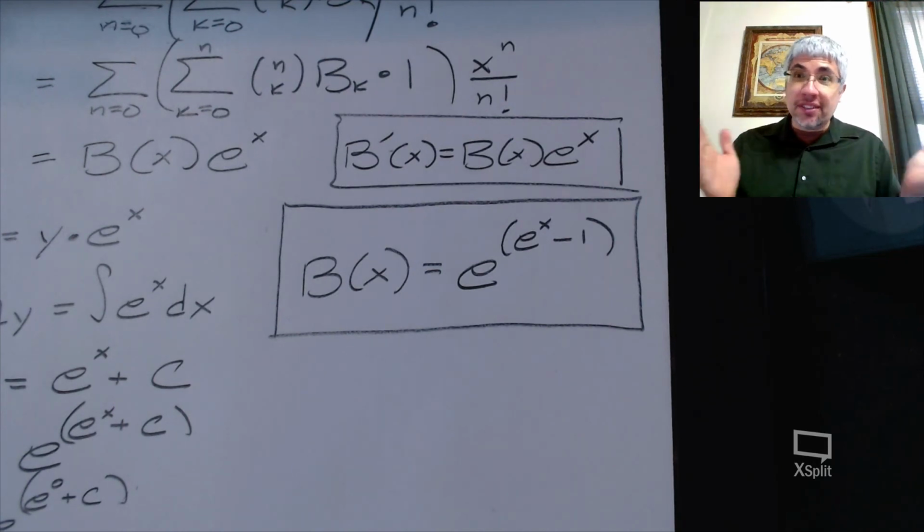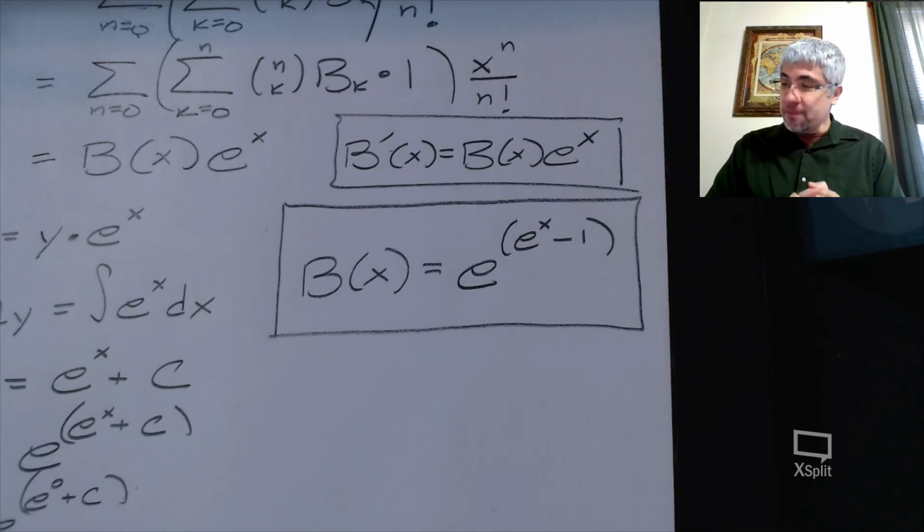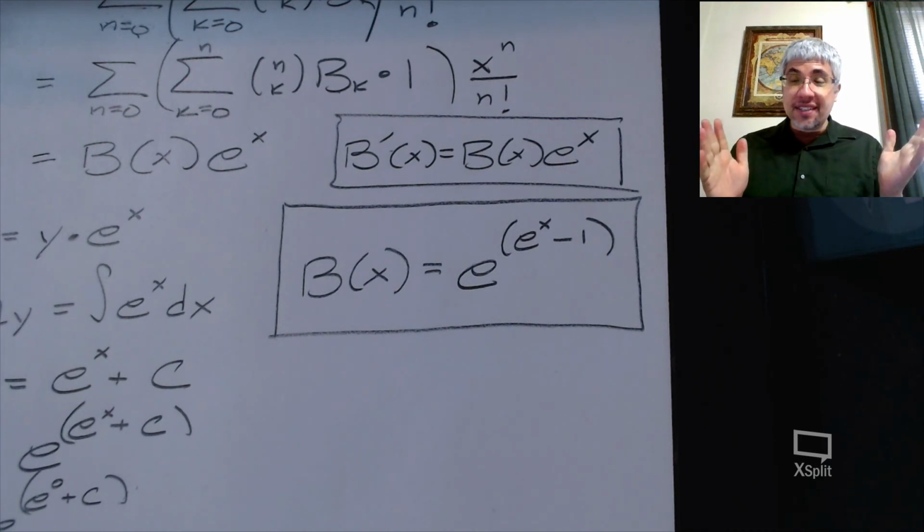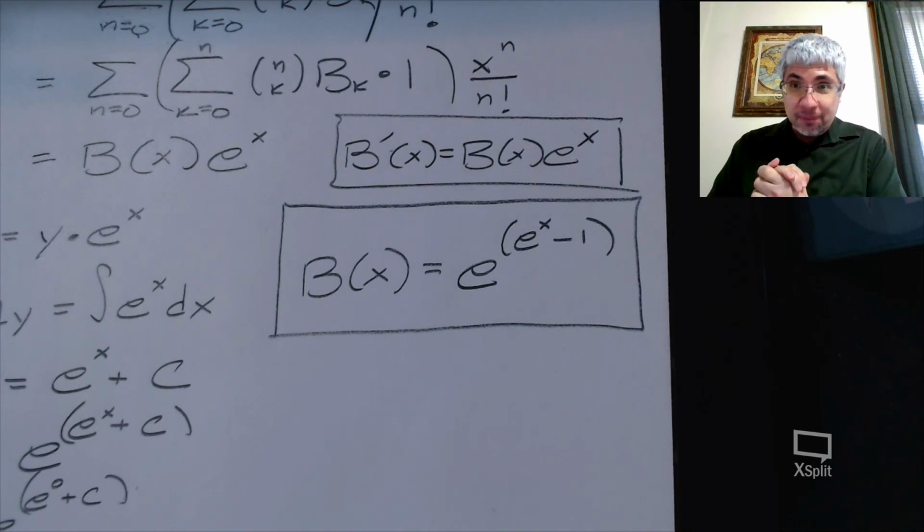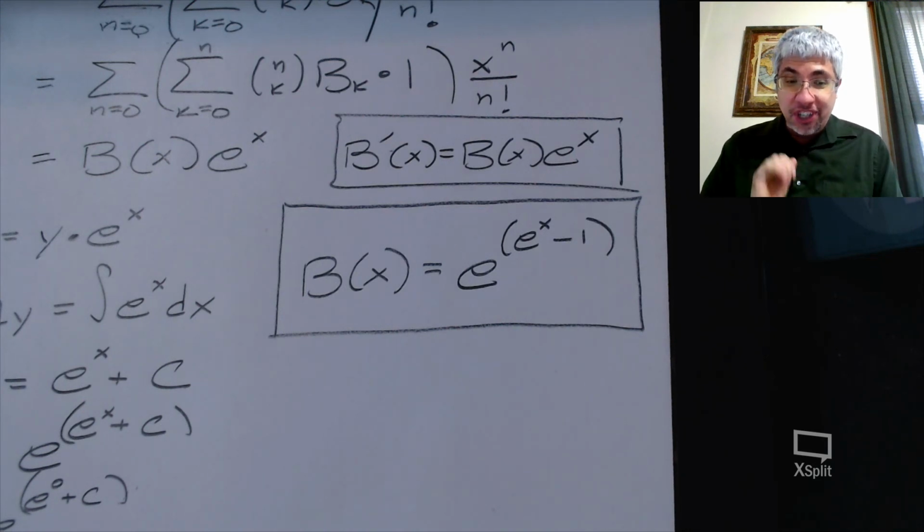So you have a b sub n plus 1 or something sub n plus 1, and we instead end up getting a differential equation that we need to solve at the end. So a nice example of the Bell numbers and exponential generating functions.